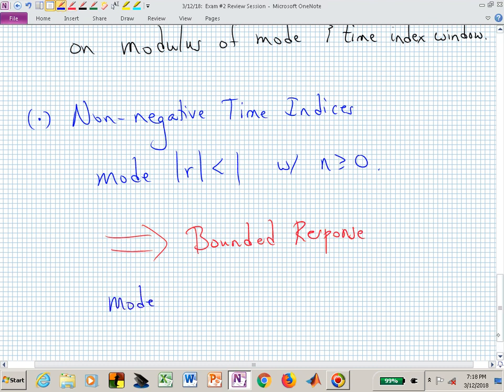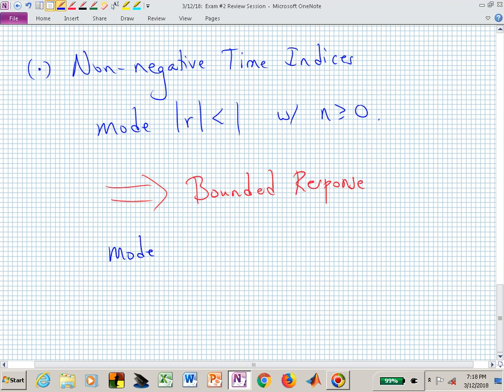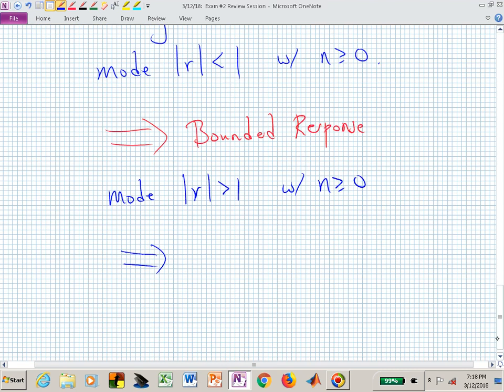What if I now kept in the non-negative time indices? I still have a causal sequence, but now my mode, my pole, is further than 1 from the origin in the z-plane. So really I'm saying r to the n is my structure.